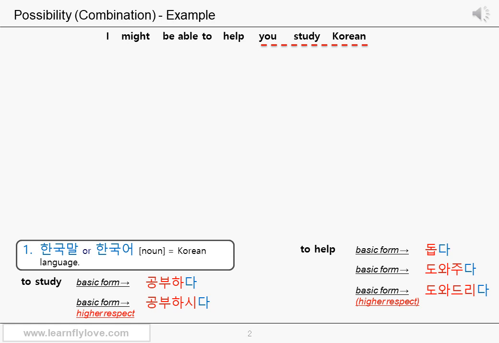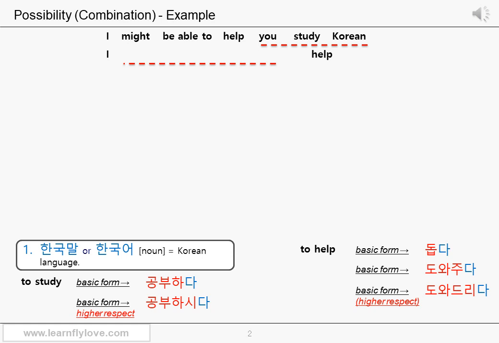Again, the entire you study Korean part is going to be used as an object of the verb help. Let's rearrange the words then. The subject I comes first, of course, and the verb help will come somewhere near the end of the sentence. The entire you study Korean part will come right before the verb help because it will work like an object of the verb help, as we told you.